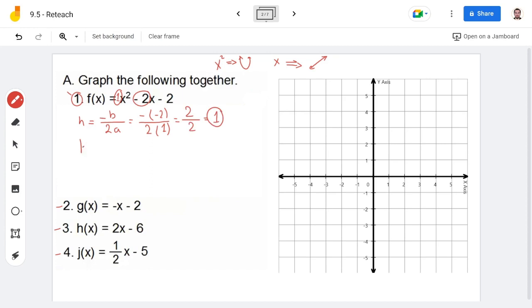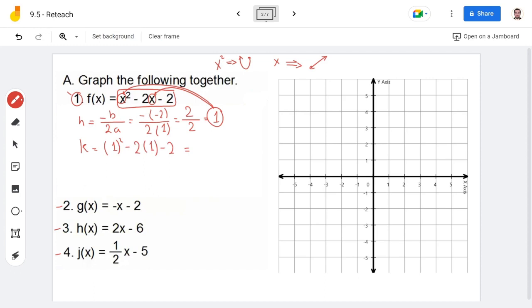Now let's find k. To find k, we need to use the function, this one here, and we replace each x with 1. So it will be 1 squared minus 2 times 1 minus 2.